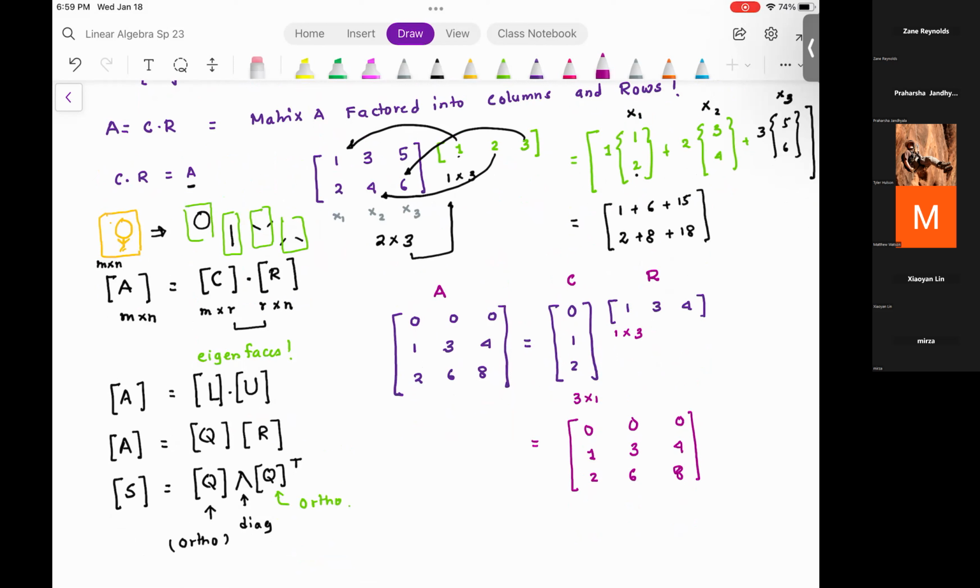The way this matrix multiplication got carried out is like this: 1 times the column vector, this is 3 times the column vector, and the last one is 4 times the column vector.